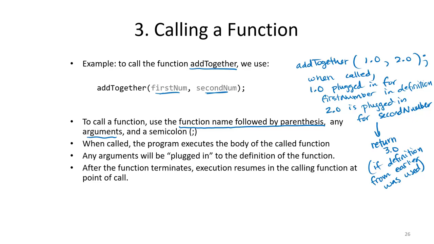So there's a couple other things to note about calling a function. If I return a value, so in this case add together, it should return a double, or it will return the sum. We need to make sure we give add together a place to store that sum.